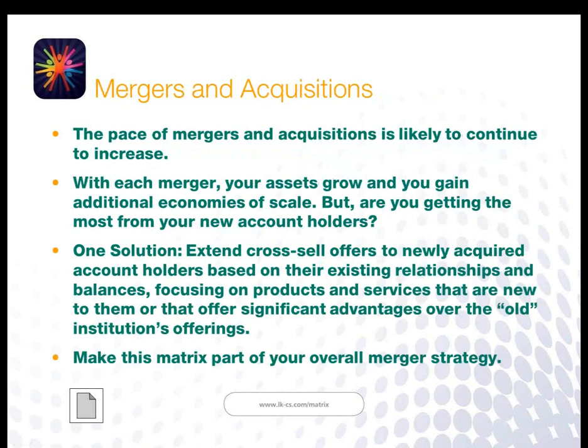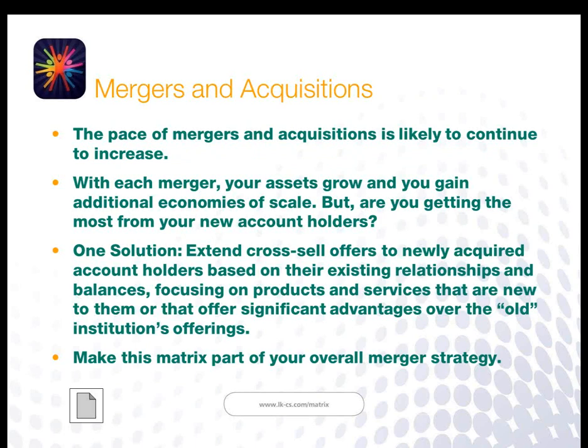We've heard from a number of our clients that mergers and acquisitions are a part of their growth strategy. And if that's the case, then you should really set up a matrix campaign as part of that strategy so that when you merge or acquire that additional institution, you know exactly how you're going to start communicating with those new account holders.